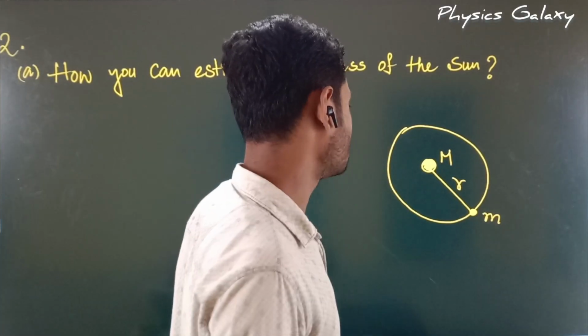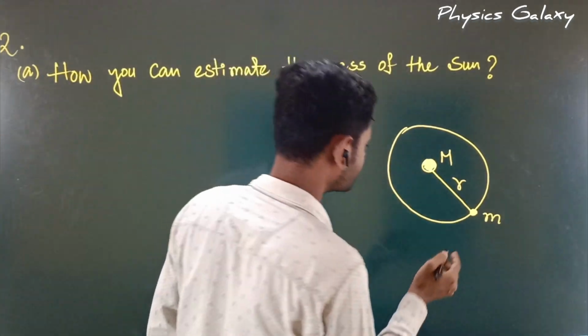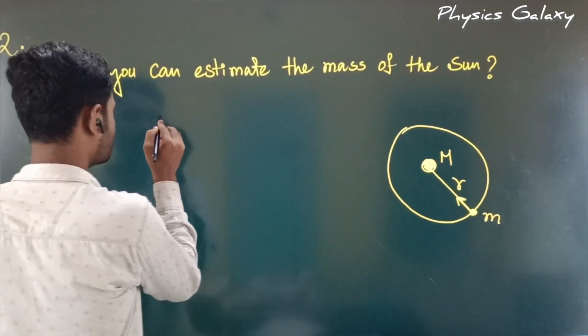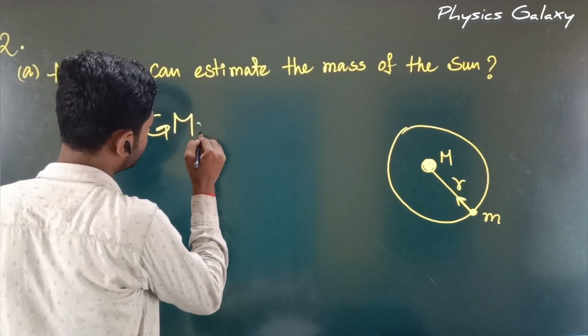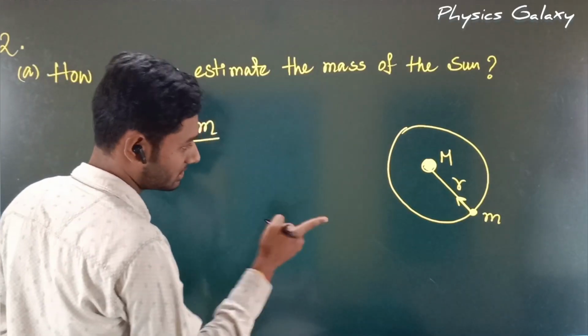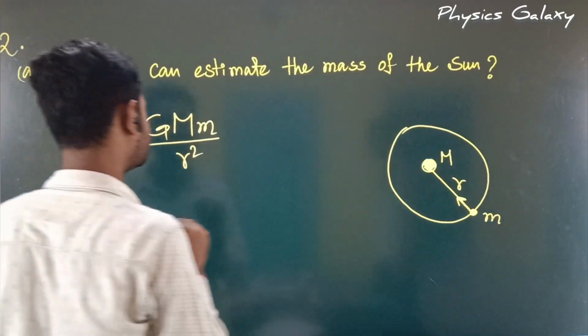Now I can write that the gravitational interaction force between them is G, mass of the sun and mass of the earth, divided by the square of the distance between them, r.